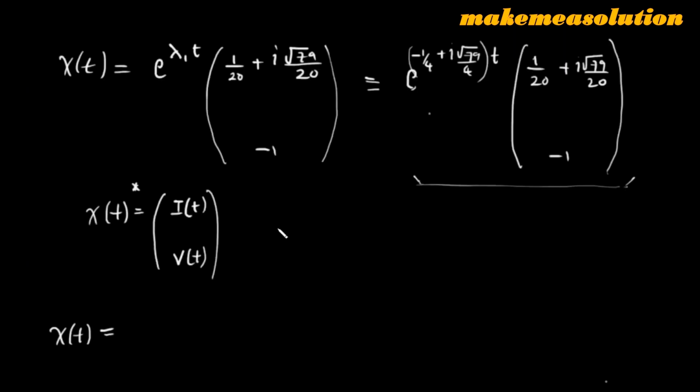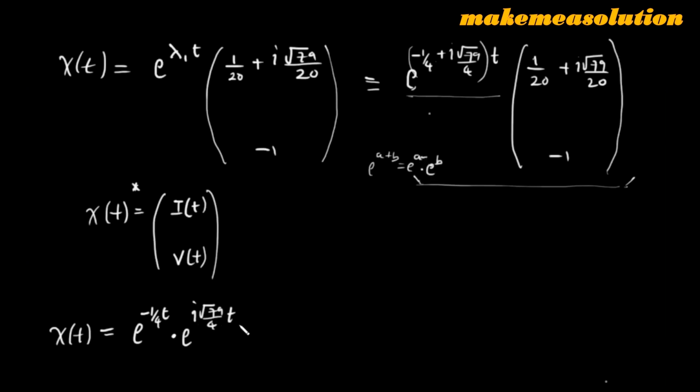So we have our x of t to be, now at this point I can just expand this bracket and apply law of indices. So what I'm going to get is exponential minus 1 over 4 t dot exponential i root 79 over 4 t. I hope we understood the expansion. You distribute the t, then you use law of indices to separate the exponential, as exponential a plus b is exponential a dot exponential b, like this. So let's take note of that.